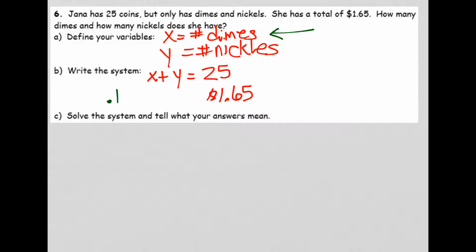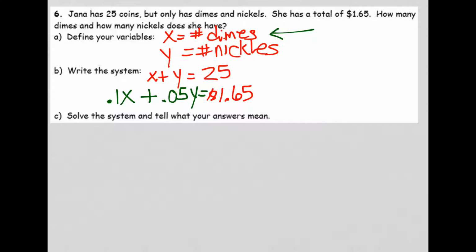So 0.1 times however many dimes plus, how much is a nickel worth? That's worth 5 cents. Okay, so x is the number of dimes. So 0.1 times x plus y is the number of nickels. So it could be 0.05 y equals $1.65.